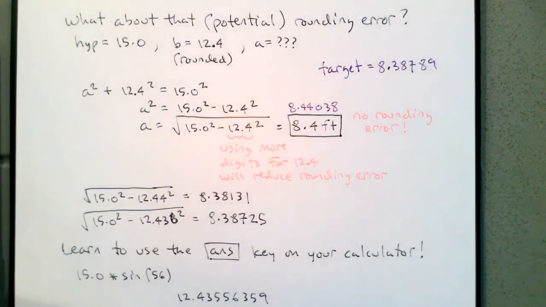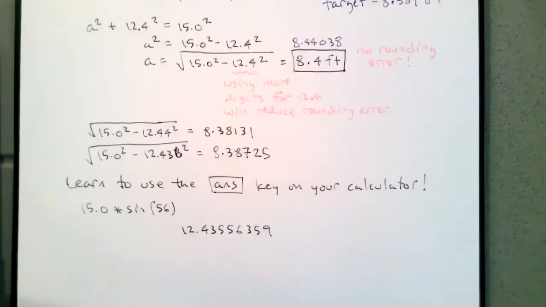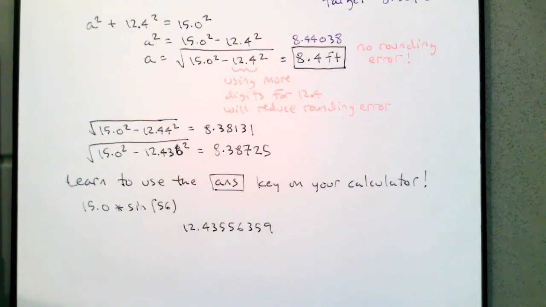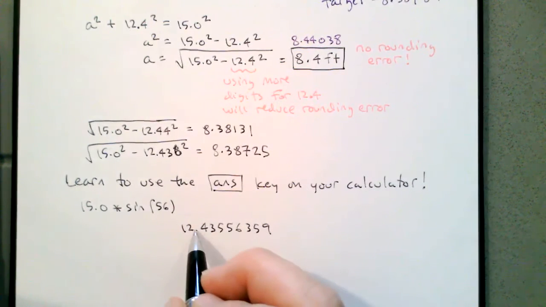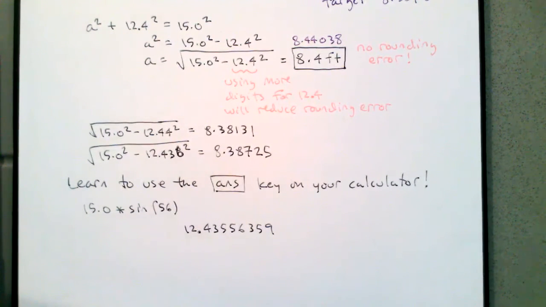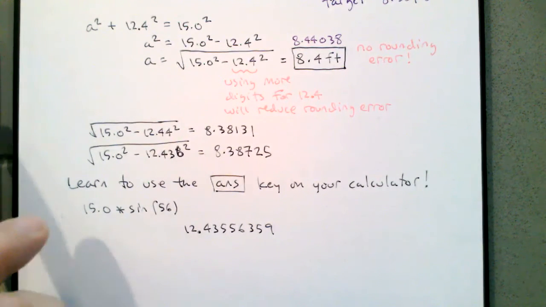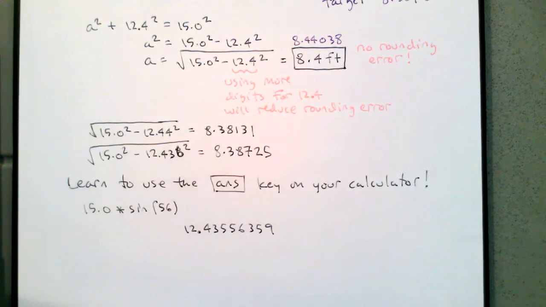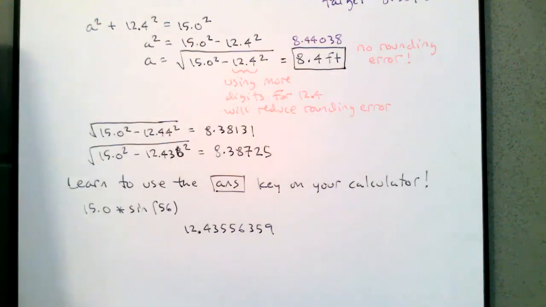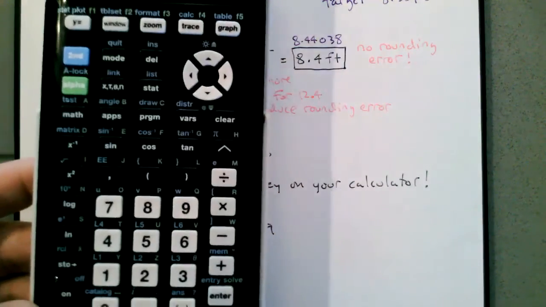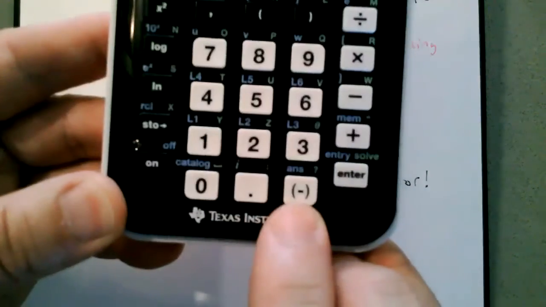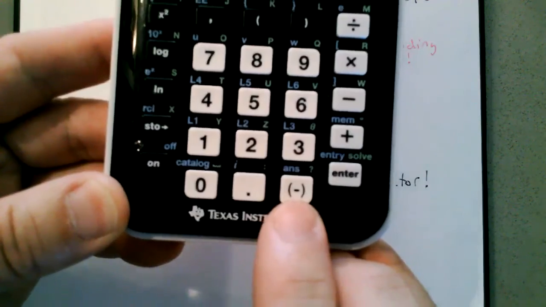And that gave us 12.43556359. Your calculator is actually keeping track of more digits than it's displaying. These are just the ones that it shows you, but there's more hidden off to the side. We don't need those, but the calculator keeps some extra ones to try to avoid some of this rounding error. So now the ANS key on our calculator, which we access above the subtraction key, it says ANS above that in blue.